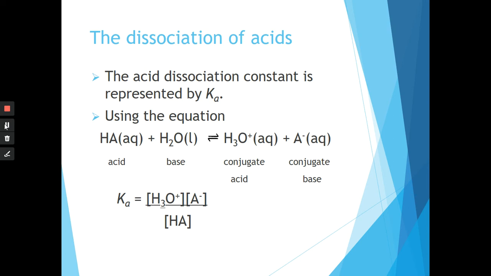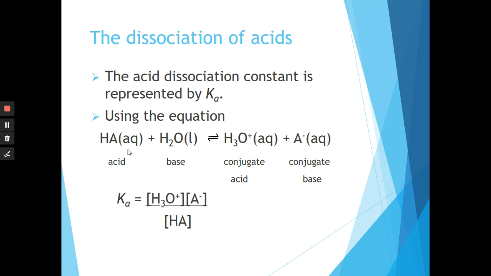So we need to know about the general equation, where HA is our acid, our base is water, and we're going to get the conjugate acid, which is our base having gained the proton, and our conjugate base, which is the acid having donated the proton.